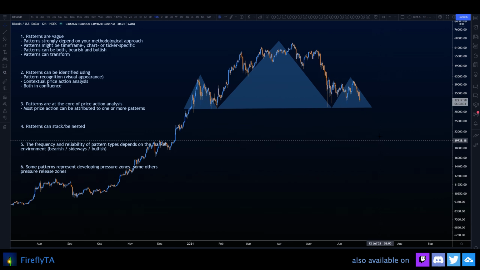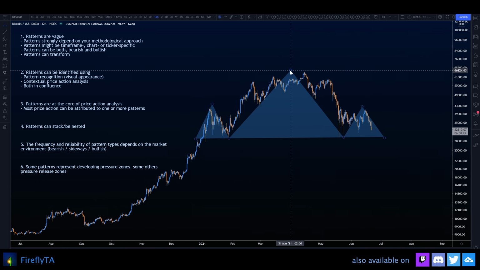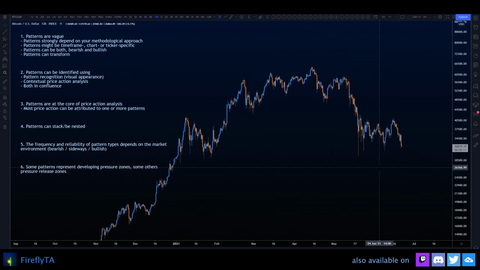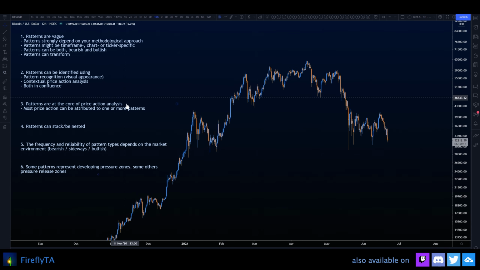For example, like this, when your idea is you're shorting this on breakout with a target of 10K, sure, but you should be aware of the probabilities that this kind of trade has. So this is the reason why we are using contextual price action analysis.